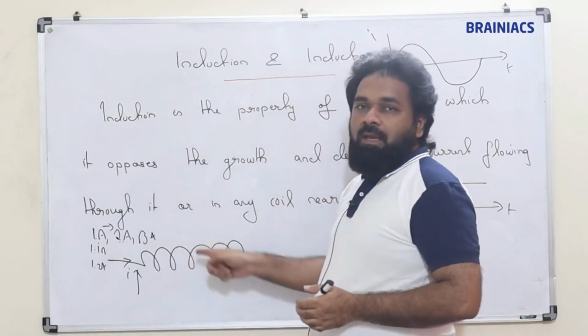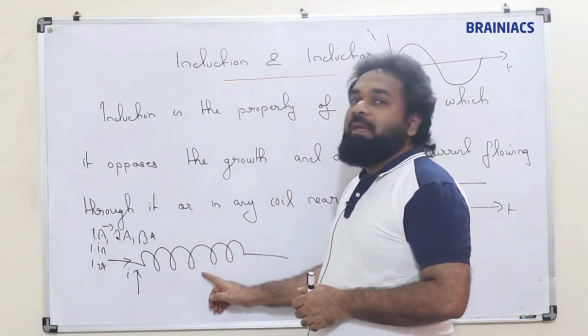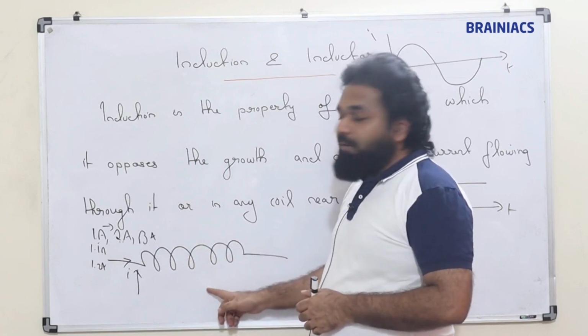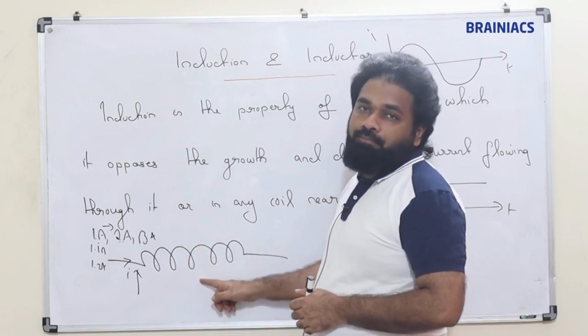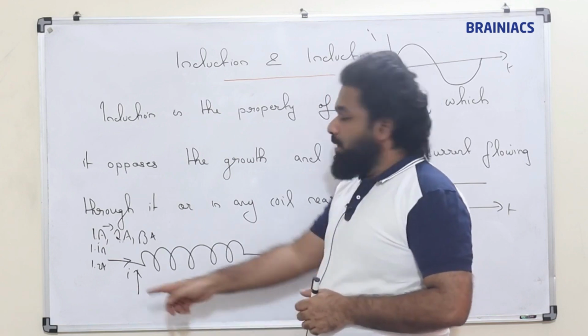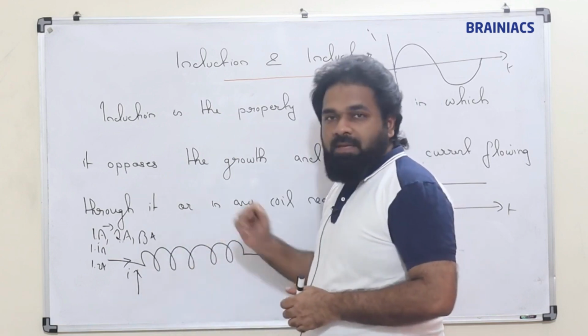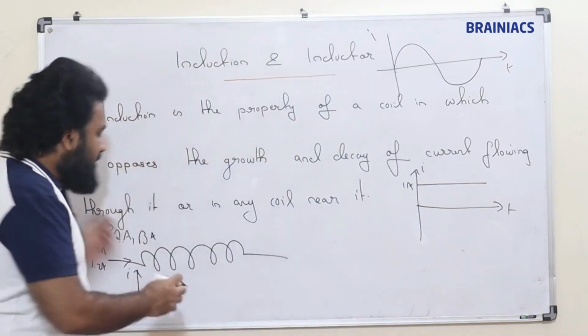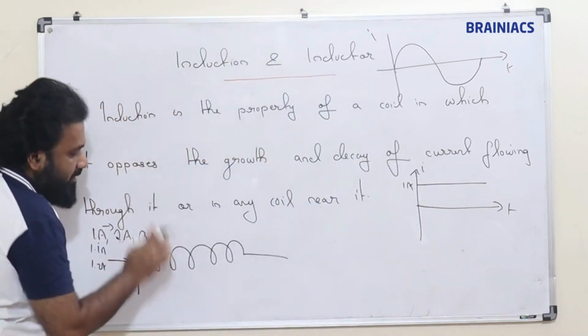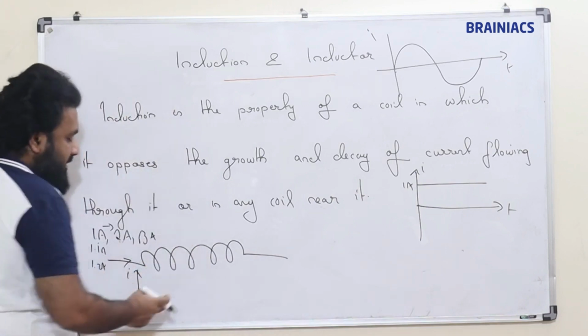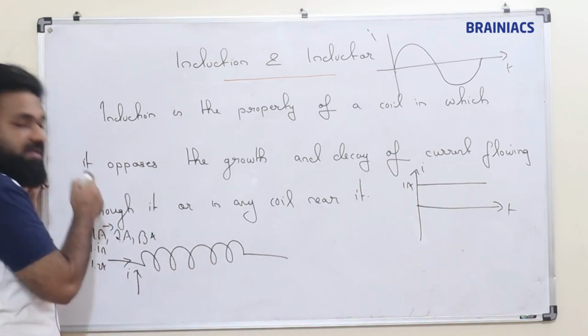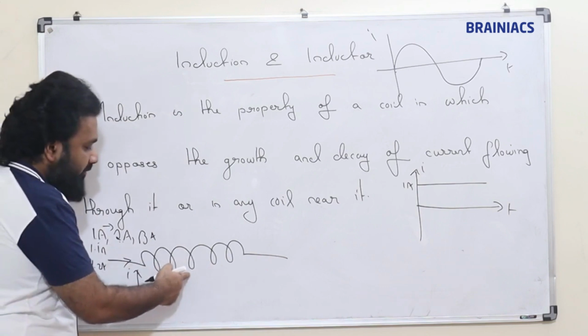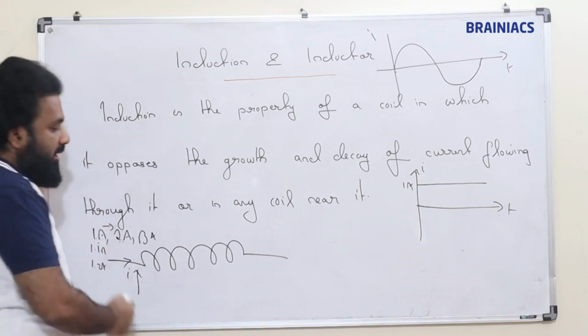If it is increasing, there will be an induced EMF and current in this coil, since it is a closed circuit. The EMF will be induced in this coil in such a way that it will oppose this current.